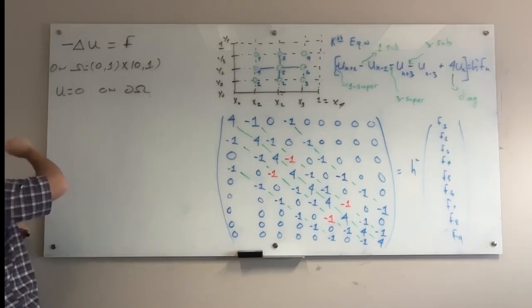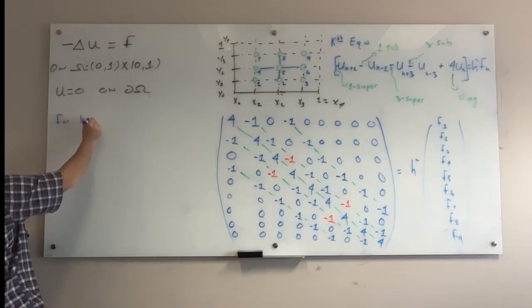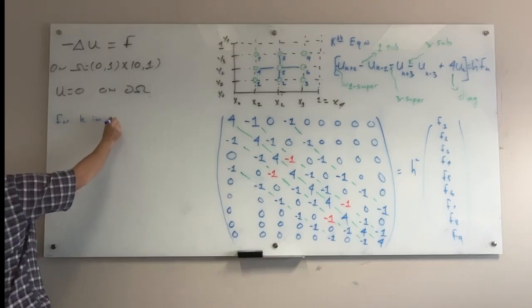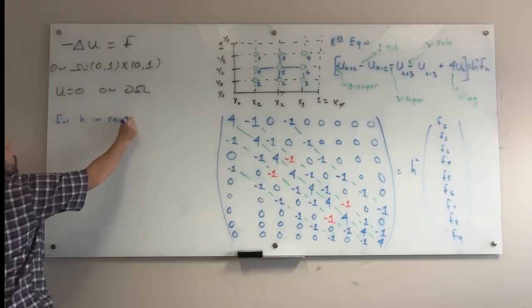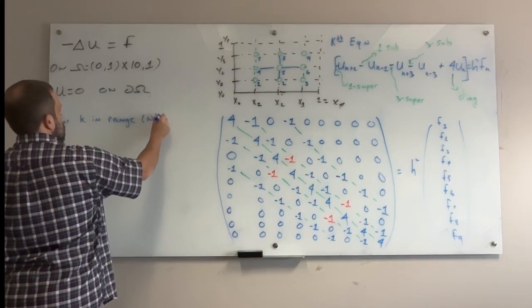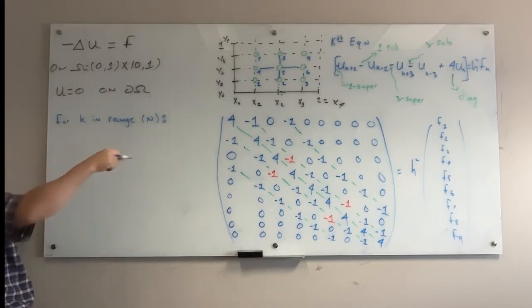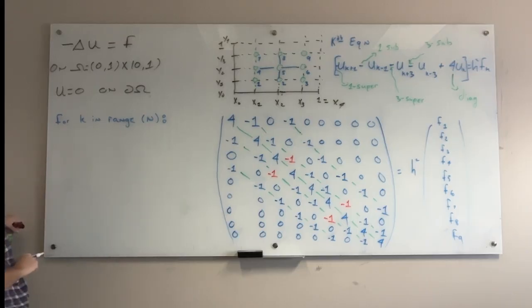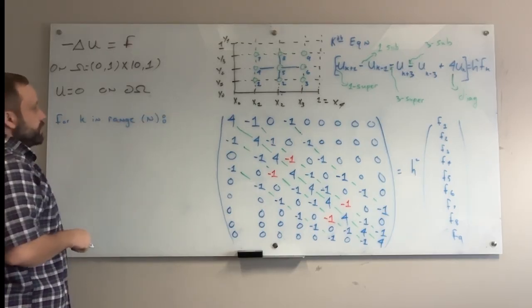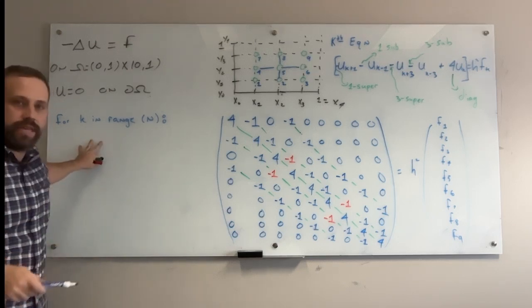So we've got to have a loop that goes something like: for k in range n, do the following. So range n is going to give us 1, 2, 3, all the way up to n minus 1. So in this case, it's just going to give us 1, 2, 3. And then what we can do is we can say, okay, for the corresponding entry in the matrix, make it 0 when it needs to be 0.